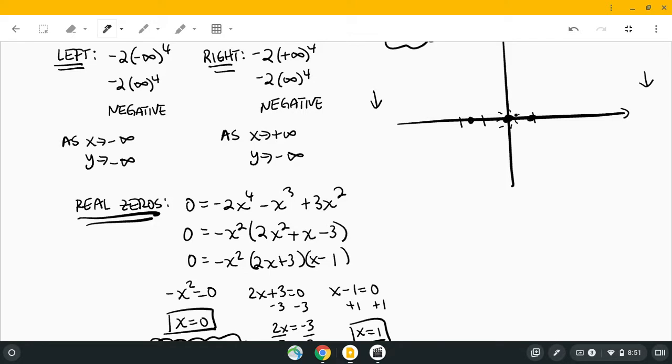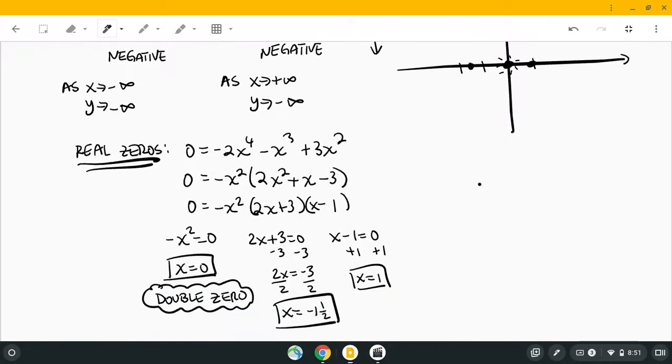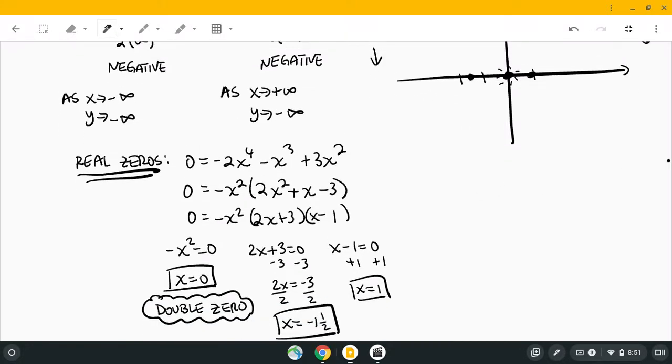So here, before I graph this, let's get our extra points. Let's choose x equals negative 1 in between here. And let's pick something in between here: 1/2, 0.5. Use a calculator.